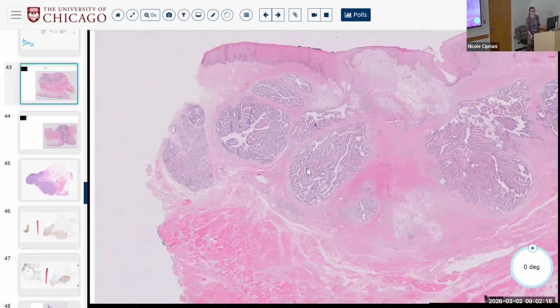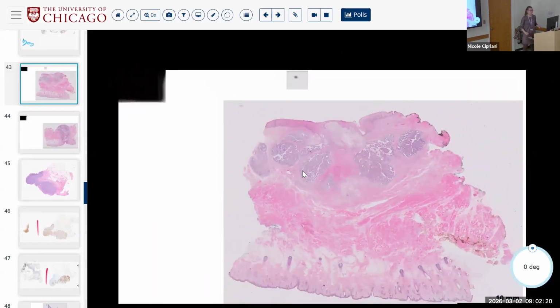Questions? Yeah, they're PSA negative, PSAP negative. Just NKX 3.1 positive. Would we still have concern that it may be a prostate metastasis if the patient does have prostate cancer? Yeah, if the patient has prostate cancer, you can always consider a metastasis.